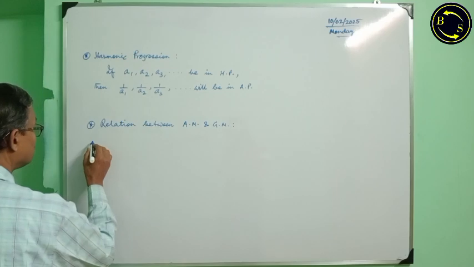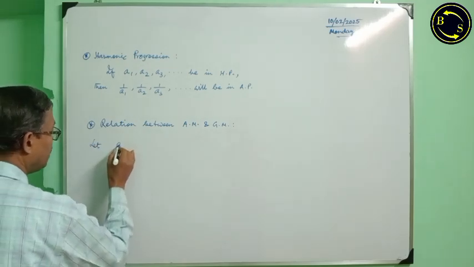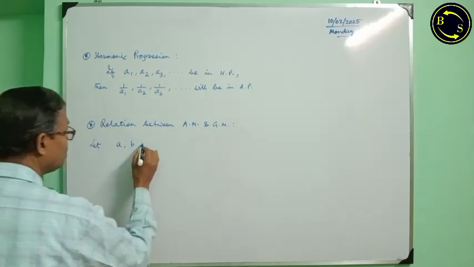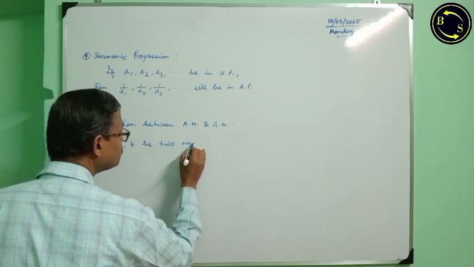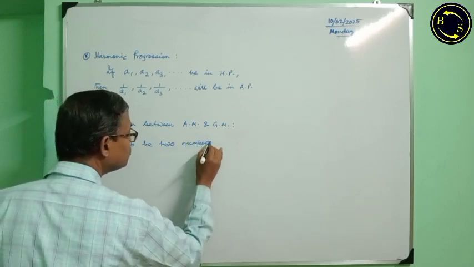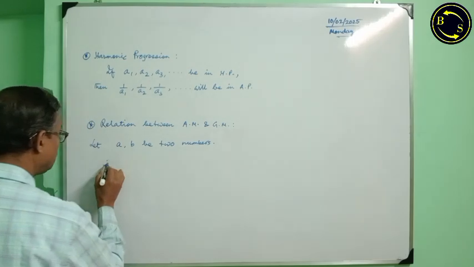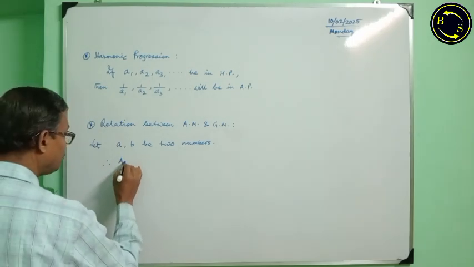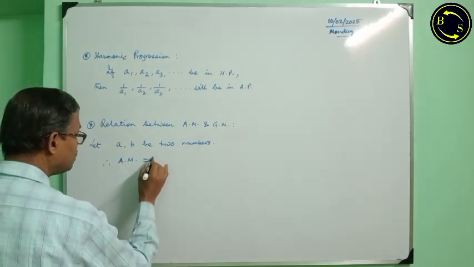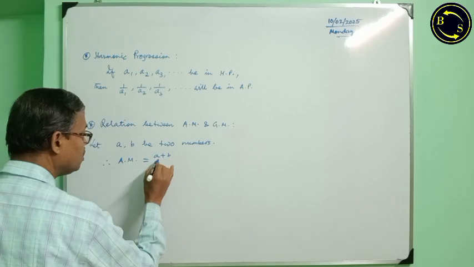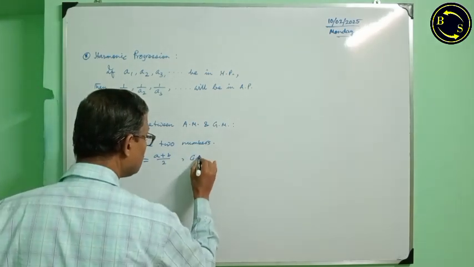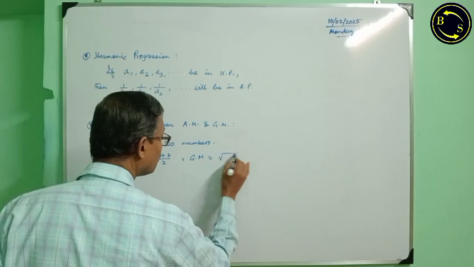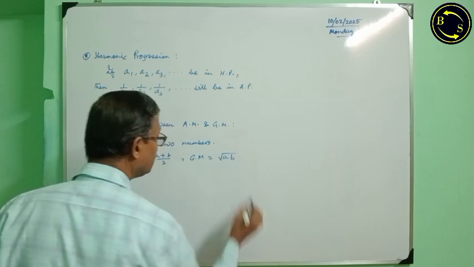Let A, B be two numbers, then their AM is equal to A plus B by 2, GM equal to, already you have learned, root AB.